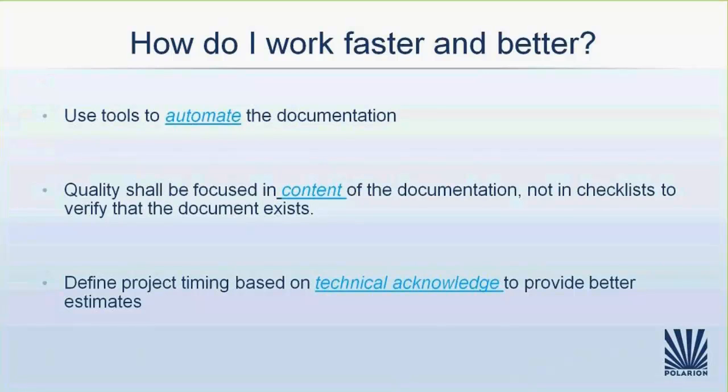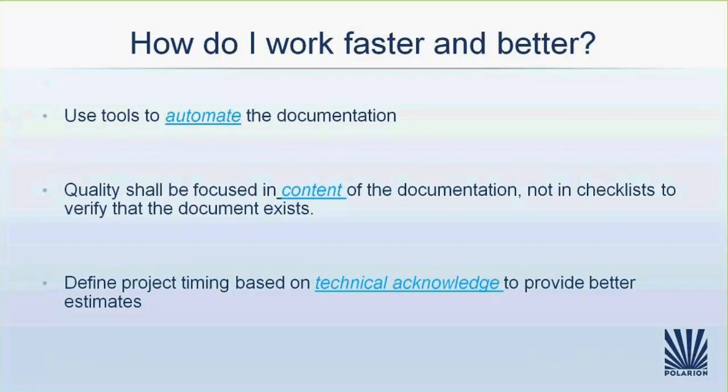You think that everything is going to work because you did it. But you need a third party or something else outside to verify what you did. Verifying your document is not going to find issues. It's going to just verify that you documented, but the content doesn't mean that it is bulletproof, that the product is okay. So that's why quality should be focused on content.